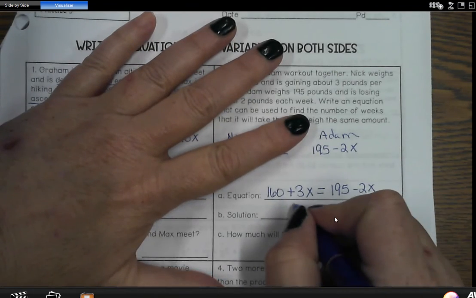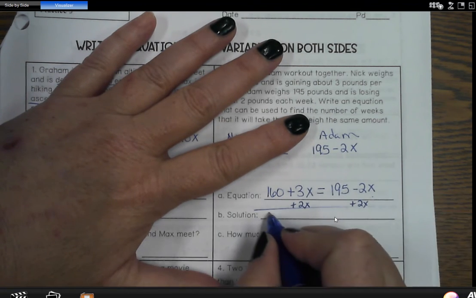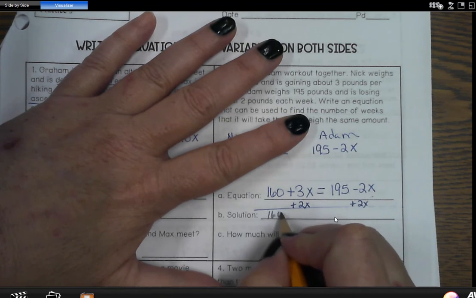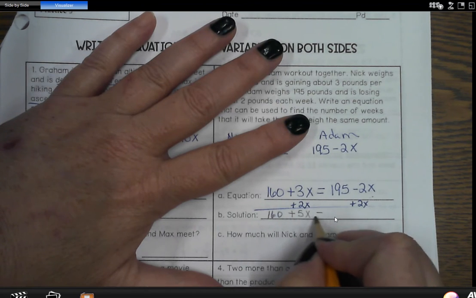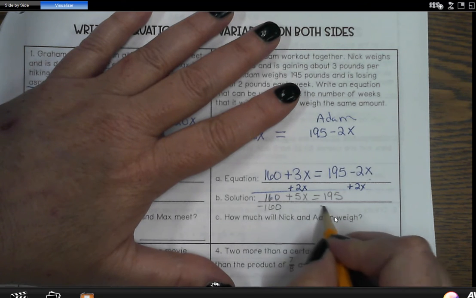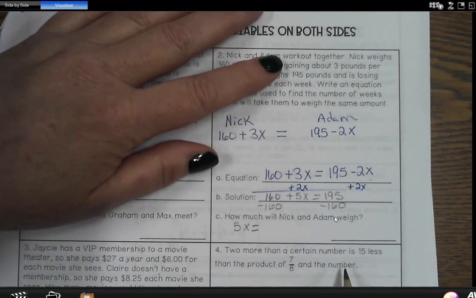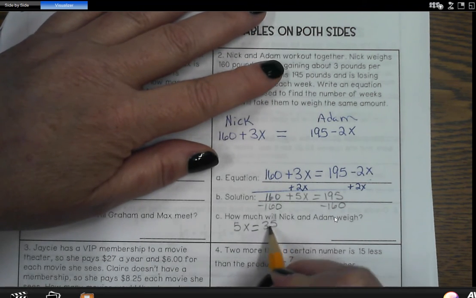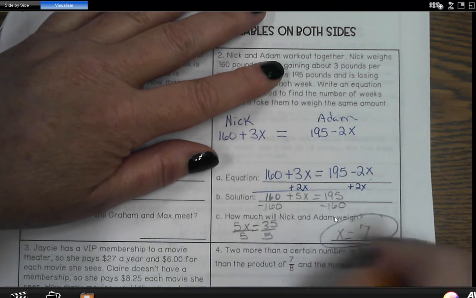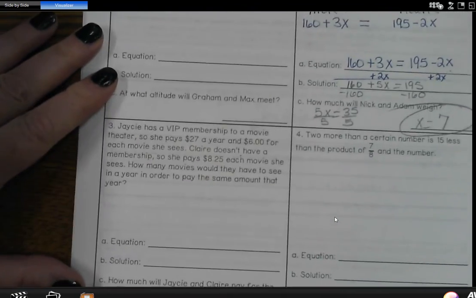So you would add 2x to both sides. That would give you 160 plus 5x equals 195. Subtract 160 from both sides. 5x would be 35. Divide by 5, and x equals 7. All right, do number 3.